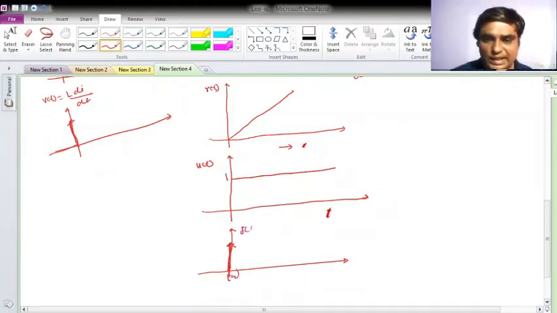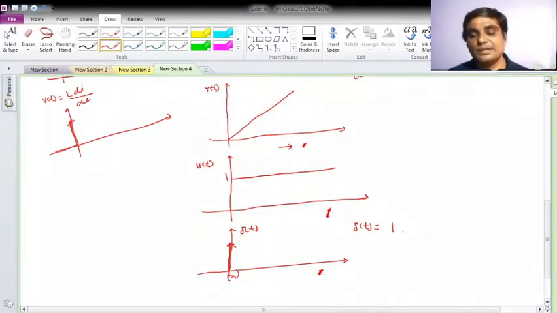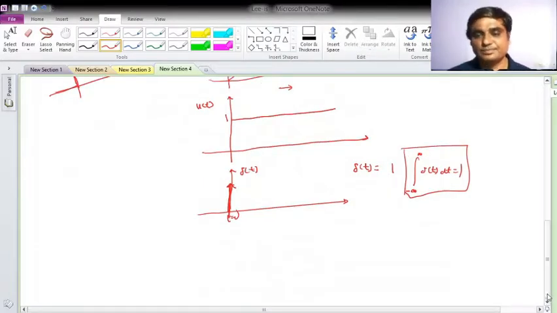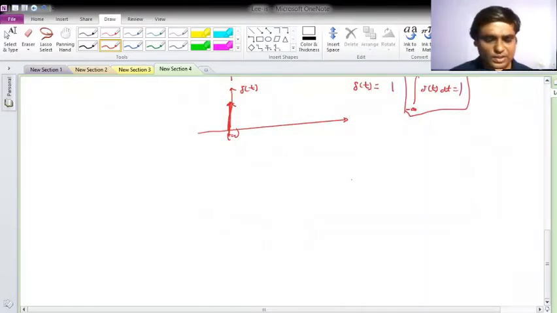This is my Dirac delta function or impulse function, and the symbol is delta of t. It has infinite magnitude for a very short duration, and the property is that the area under that curve, the integral of delta of t dt, always has to be 1 for implementation purposes. That way you can define the delta function.